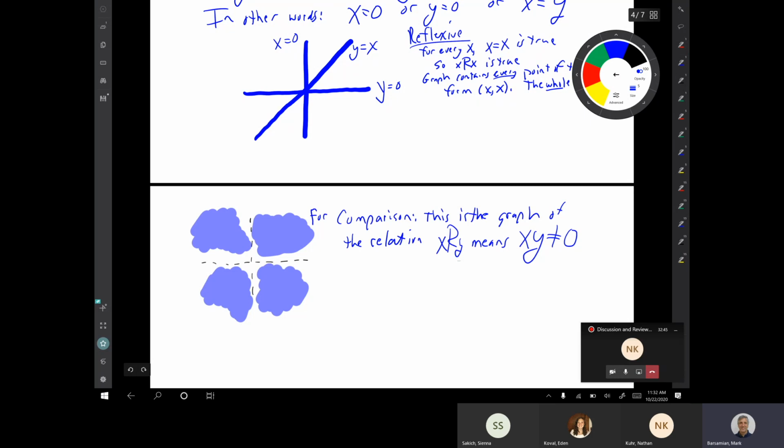So notice that this graph contains every point on the main diagonal except it's missing this point on the main diagonal. So for most pairs x comma x, x is related to x, but there is one pair on the diagonal that's missing.